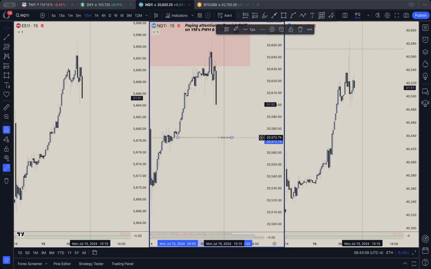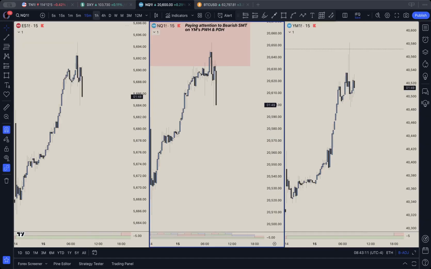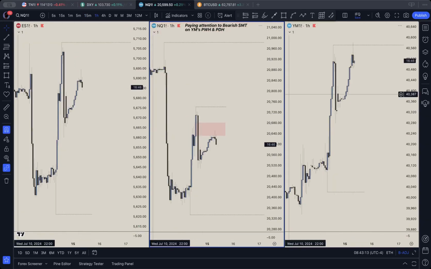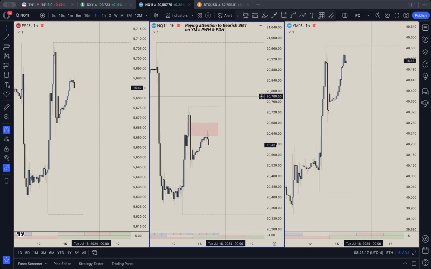The only reason I don't like this is our higher time frame narrative once again is telling us we're bearish, right? This hidden SMT right here. So I'm just gonna sit on my hands because there's nothing I personally like here.